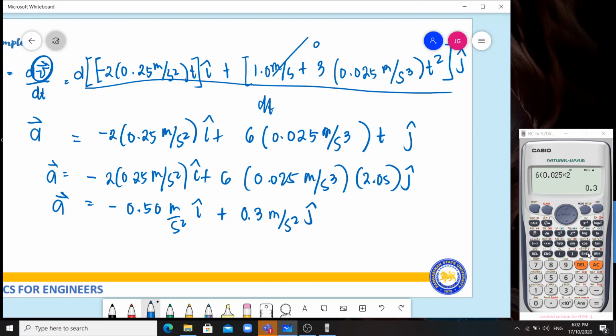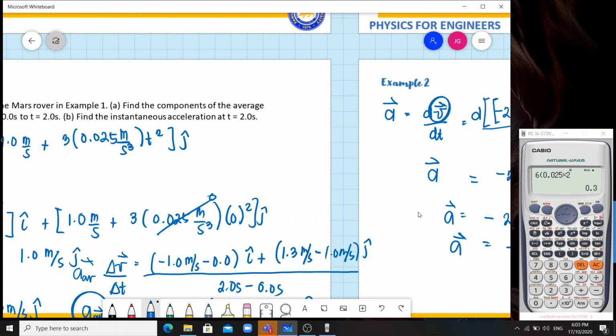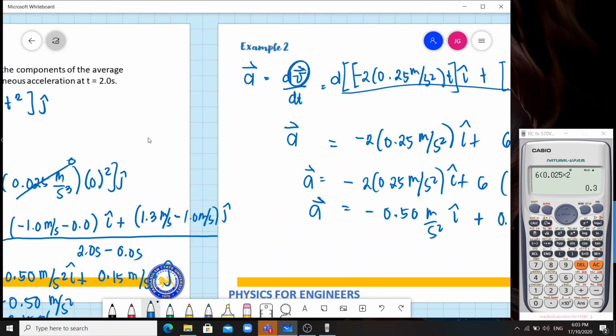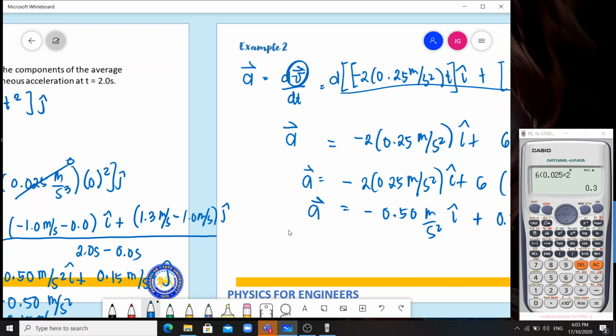Ayan, so meron na tayong acceleration at 2 seconds. Ngayon, ano ba tinatanong? Find the instantaneous acceleration at 2. Hindi naman niya tinanong kung ano yung magnitude, so pwede na to.